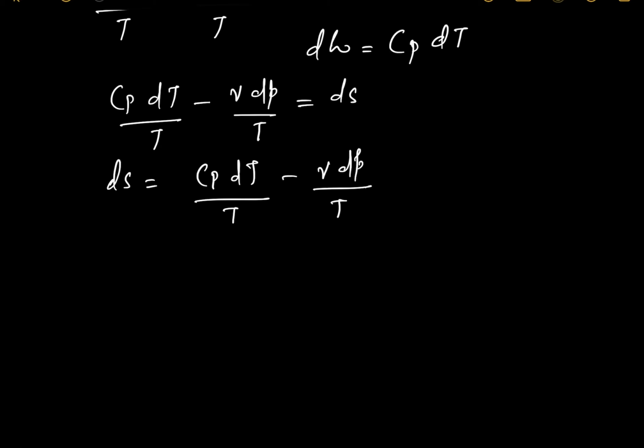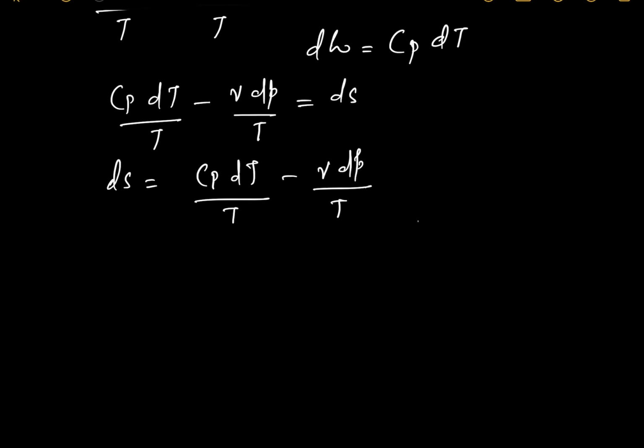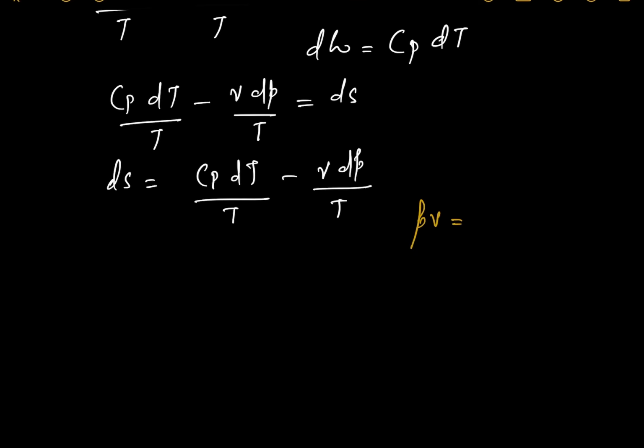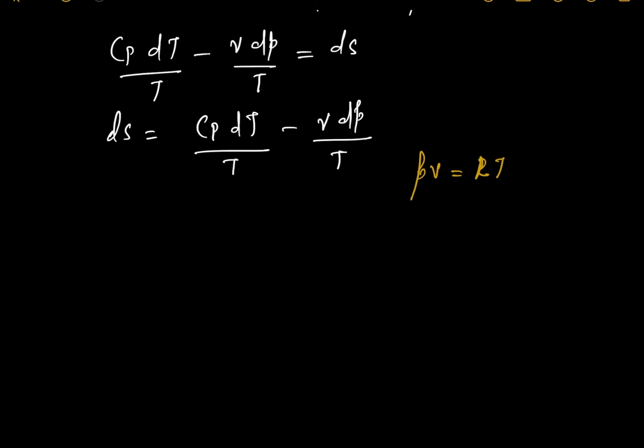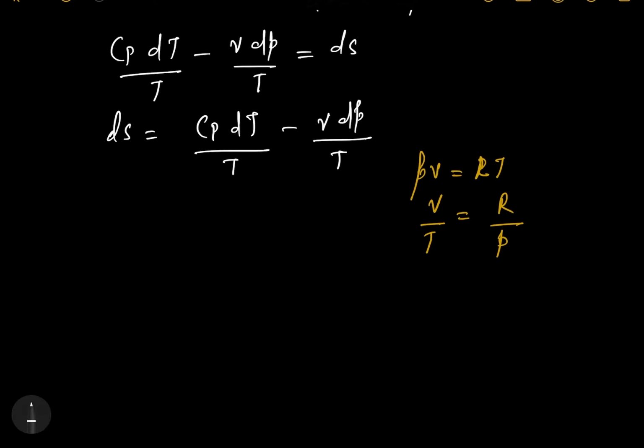So for ideal gas we know that PV equal to nRT, or simply PV equal to RT. From here we can get V by T equal to R by P. So now again we will substitute this value into this equation.